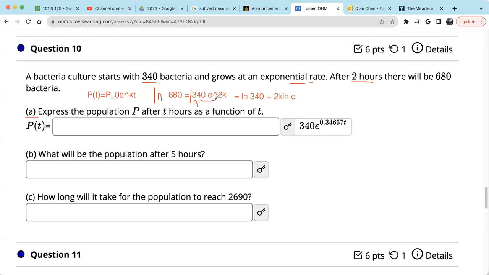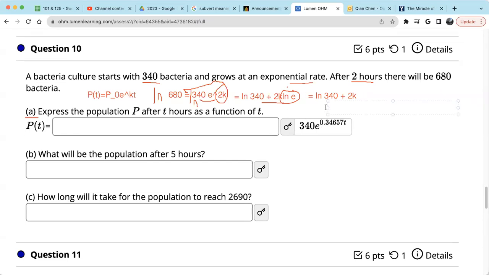If I have a product, that splits into two logs, and the exponent of e comes in front of the log. That's why I have 2k ln e. But ln e is just 1. So we have ln 340 plus 2k. Then we can solve for k.